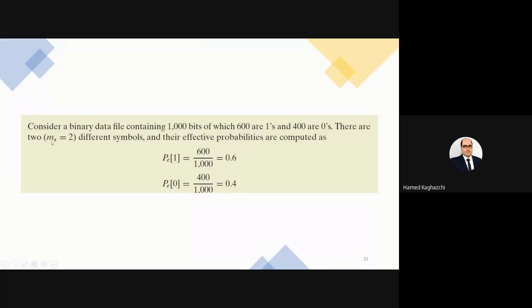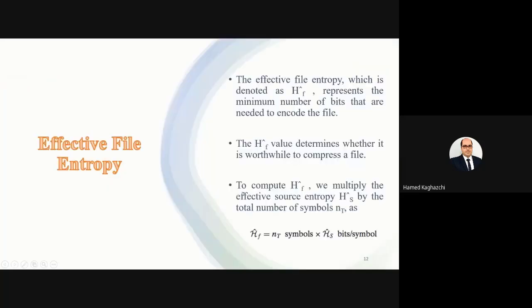Now, my mx is 2, so for calculating the effective probability of 1, I say 600 divided by 1000, which is equal to 0.6, and for 0 it is 0.4.